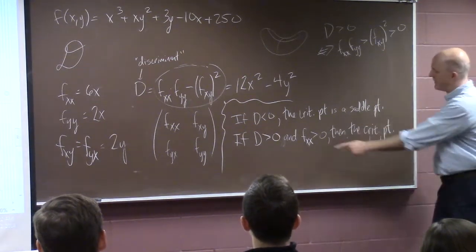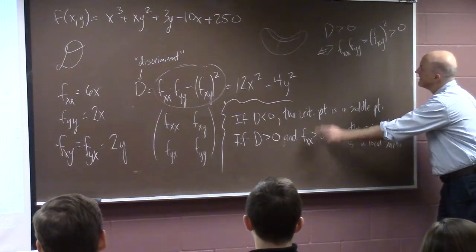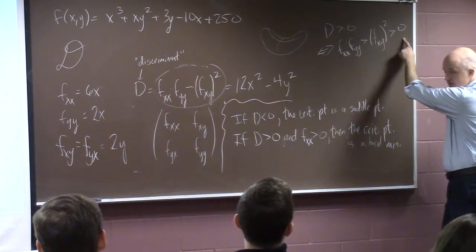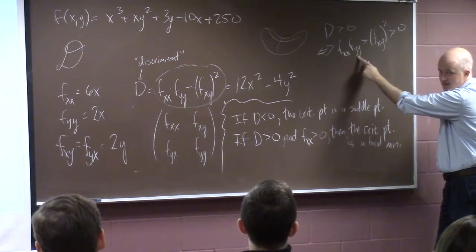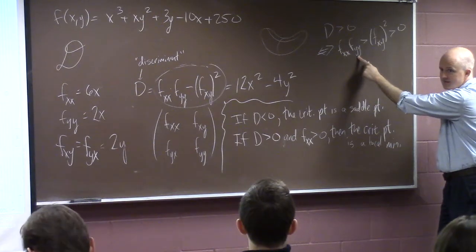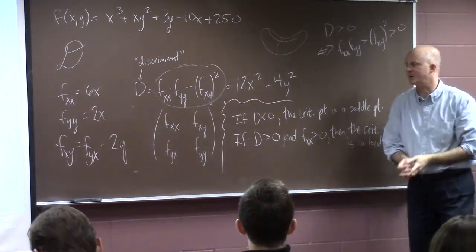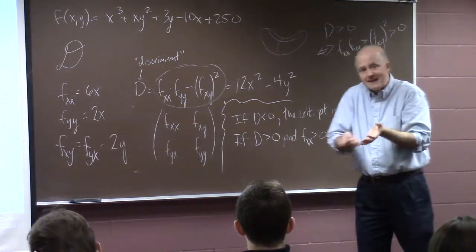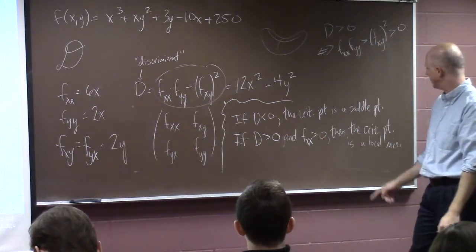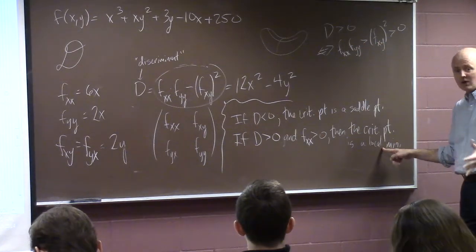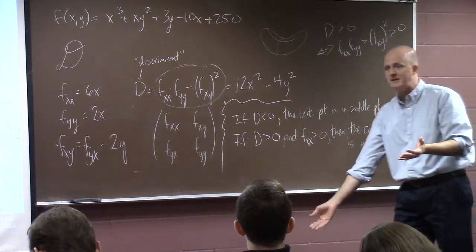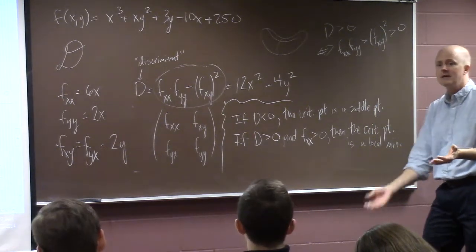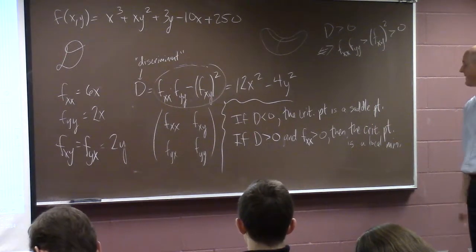If you also assume fxx is positive, and you know this product is positive, that's got to mean fyy is also positive. So you are concave up in both directions. And that ultimately means in all directions, really. You're going to have a bowl shape and you're going to have a local min. But it is local. It's not necessarily the lowest point on the entire graph. It's just a local min nearby. That's the lowest point.